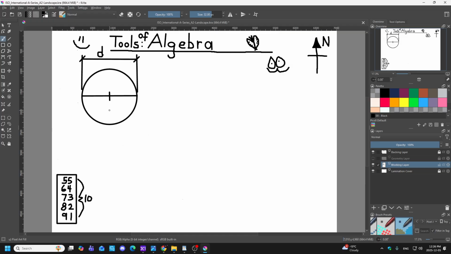It just depends on what you're given. In this question, it's given us 24 centimeters for the diameter.